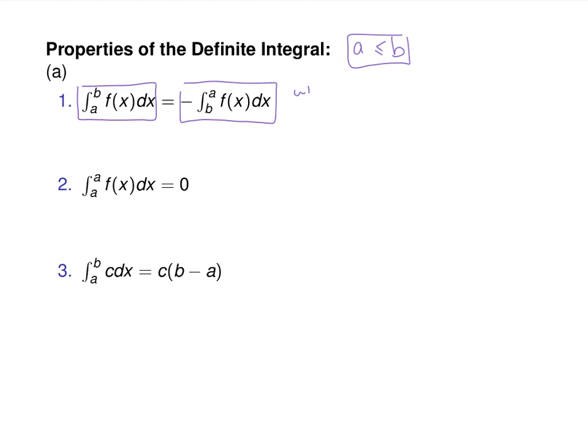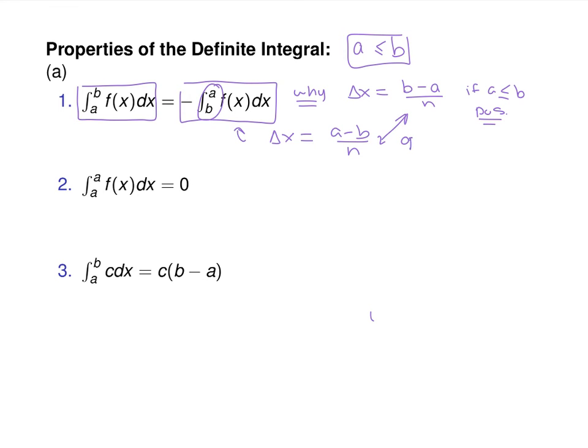And here's the reason why. For the first case, delta x is (b minus a) over n, and if a is less than or equal to b, this is a positive number. But if your integral says b to a instead of a to b, then delta x is (a minus b) over n.